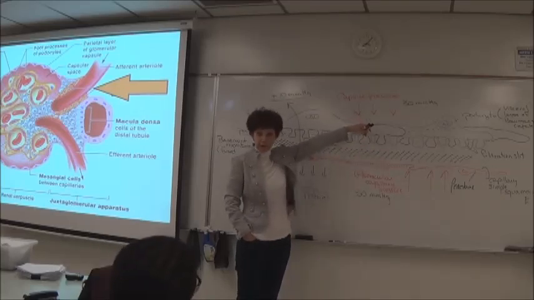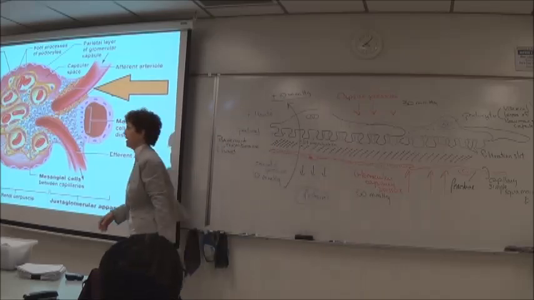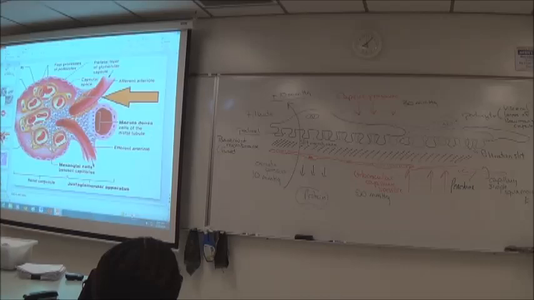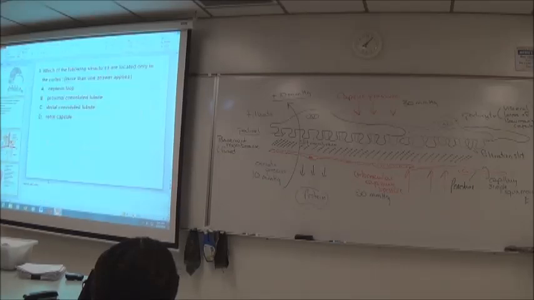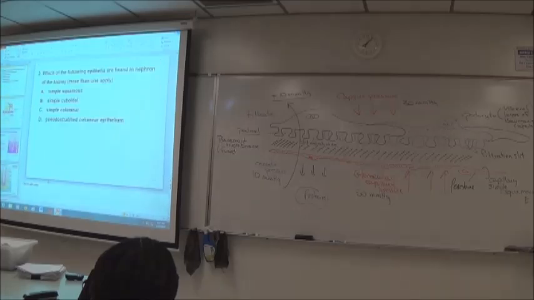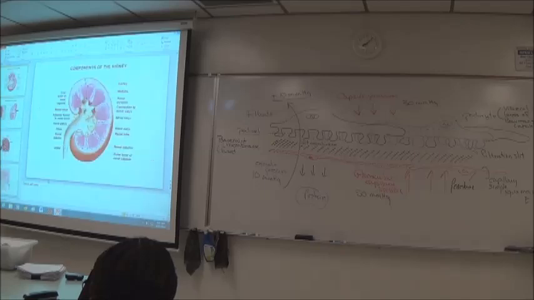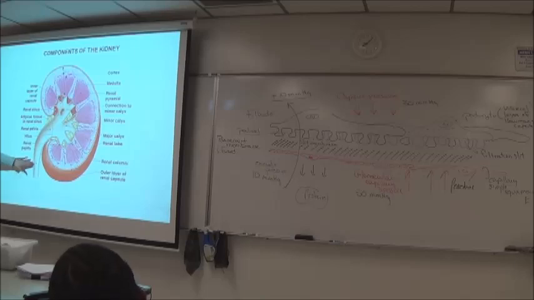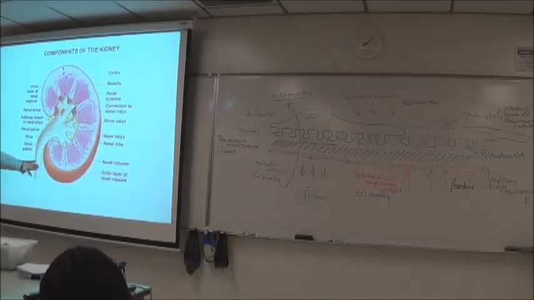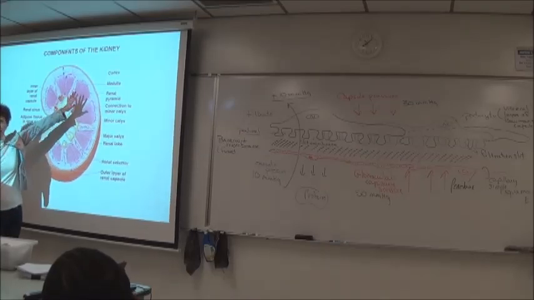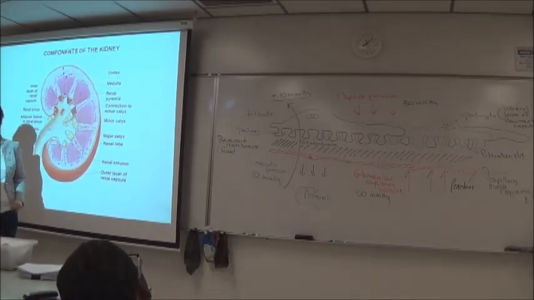But if we block the flow rate, so if we go back to this image, so if we have a blockage here with a kidney stone or your ureter stone, then this fluid backing up would eventually back up into the nephron, increasing the capsular pressure.